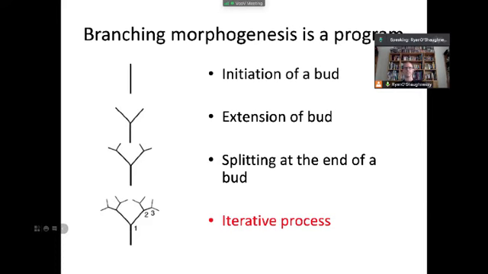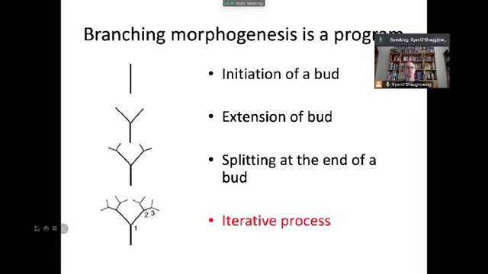So branching morphogenesis can be thought of as a kind of program by which there are multiple stages. There's the initiation of a bud, and then that bud can be extended, and then possibly at the end of that bud we can have a split.